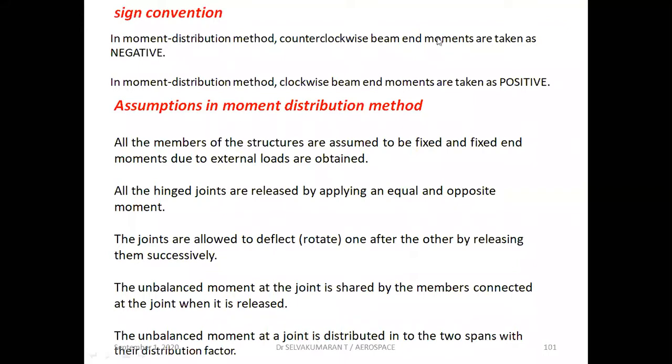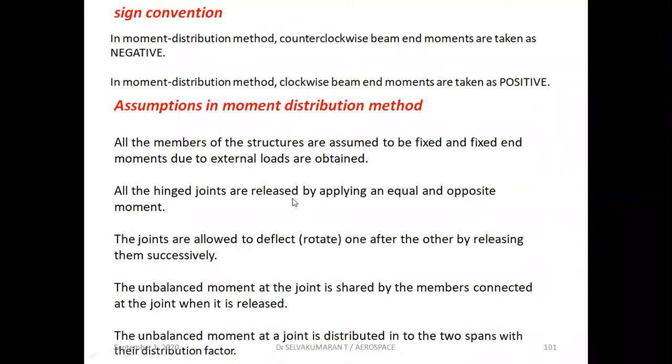All clockwise moments are taken as positive and anti-clockwise or counterclockwise moments are taken as negative. Very, very important.